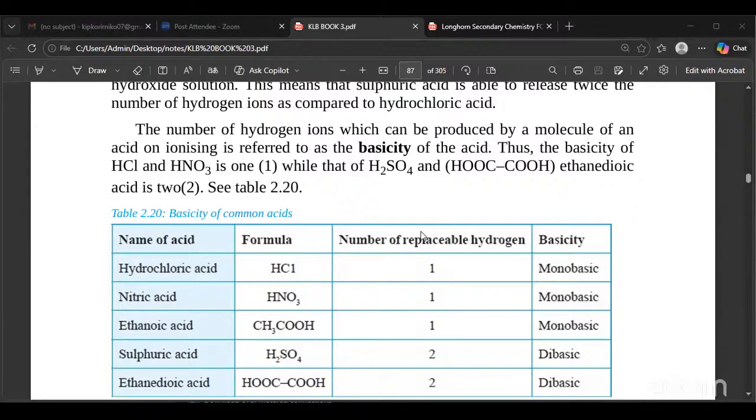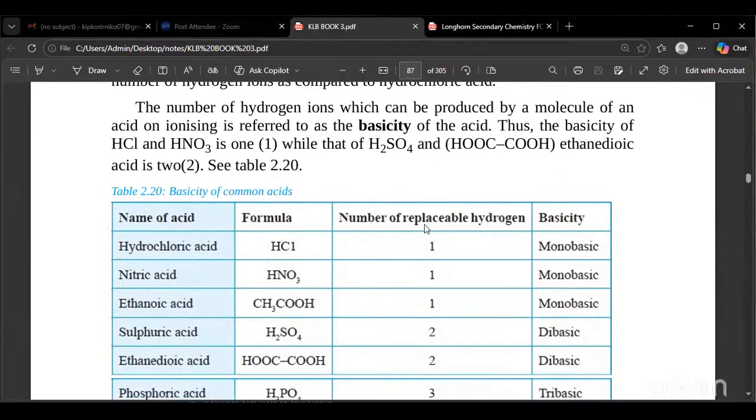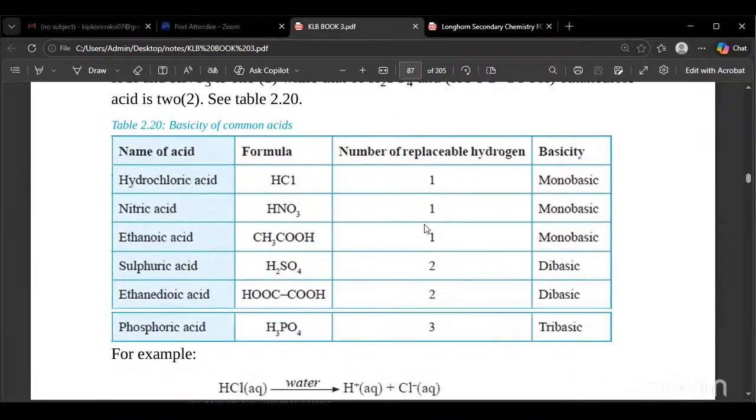Now, we have examples. HCl, which is hydrochloric acid, is monobasic. Nitric acid, monobasic. Sulfuric acid, which you saw as H2SO4, is dibasic.